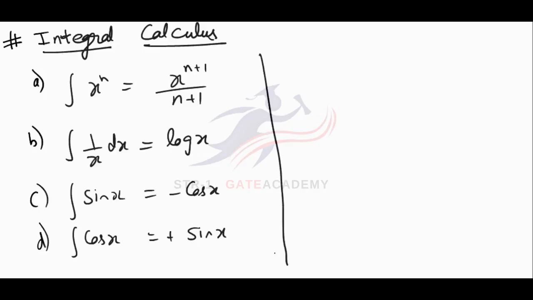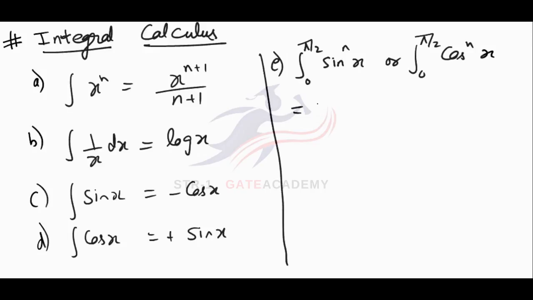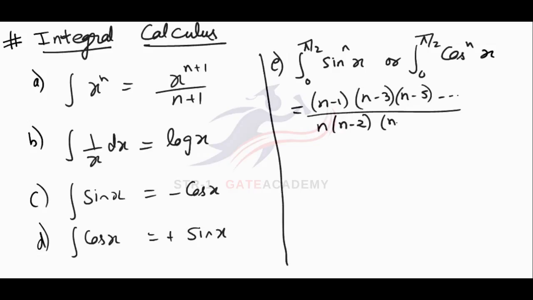There are one or two standard results which we can use. For example, integration from 0 to pi by 2 of sine to the power n x, or integration from 0 to pi by 2 of cos to the power n x, is written as (n minus 1)(n minus 3)(n minus 5) and so on, upon n(n minus 2)(n minus 4) and so on, into k.